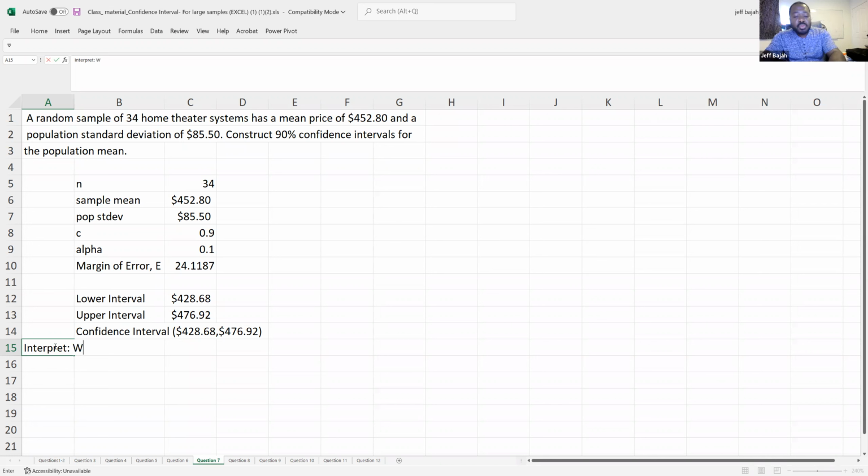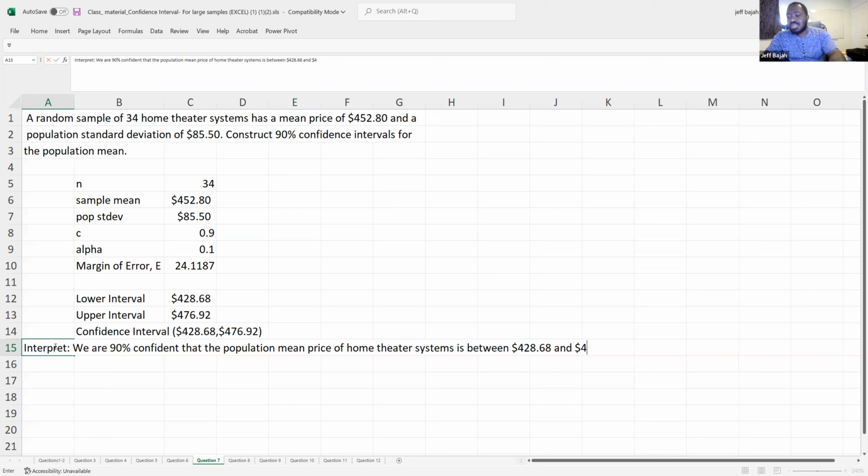And so we will say that we are 90% confident that the population mean price of home theater systems is between $428.68 and $476.92.